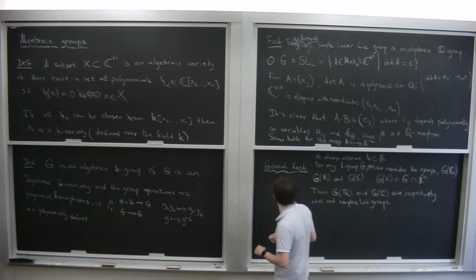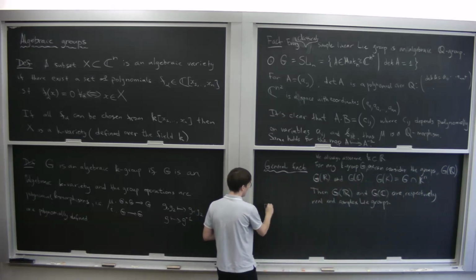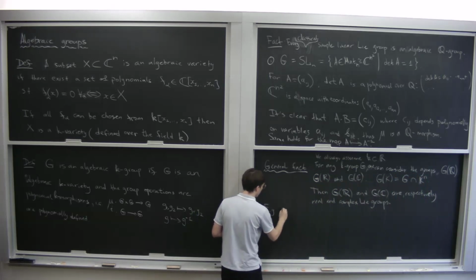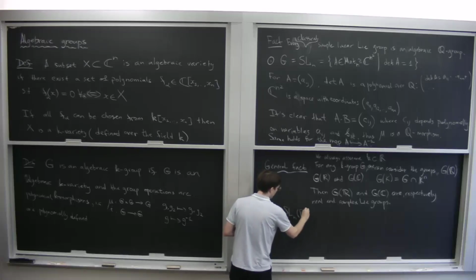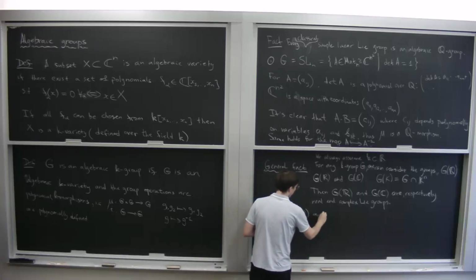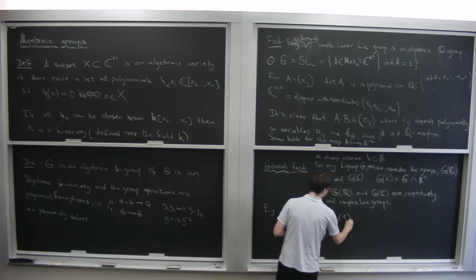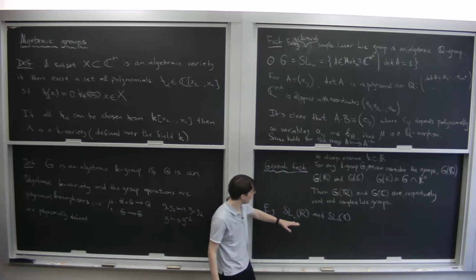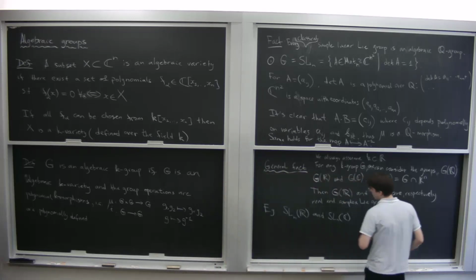So getting back to this example with SL_n, I'm just writing, for example, SL_n(R) and SL_n(C). So this is going to be a real Lie group, and this is going to be a complex Lie group.